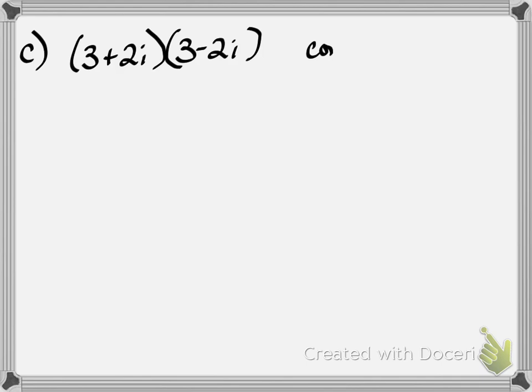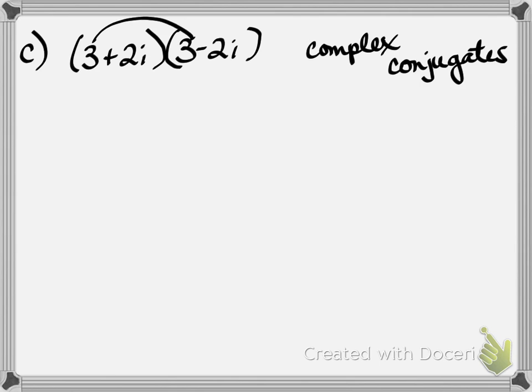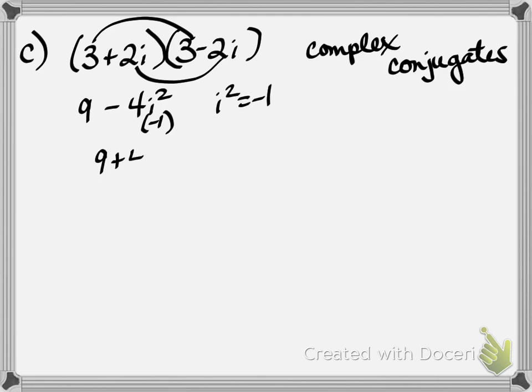These are actually complex conjugates because it's two complex numbers that end up in that a minus bi and a plus bi form. We still just can multiply the a's together minus the b's together. And remember, i squared is negative 1. So that's negative 4 times a negative 1. So it's 9 plus 4, which is 13.